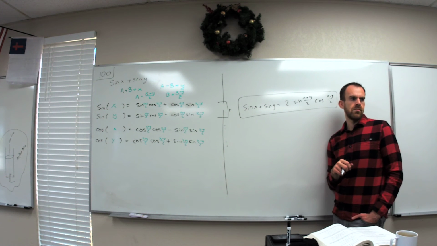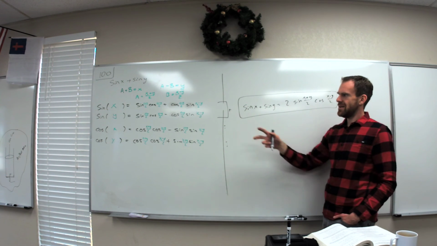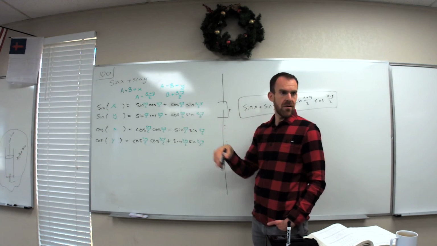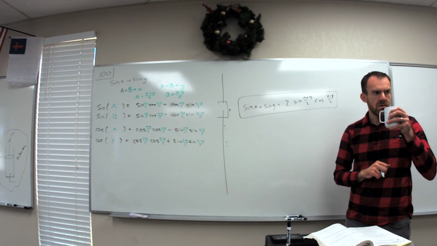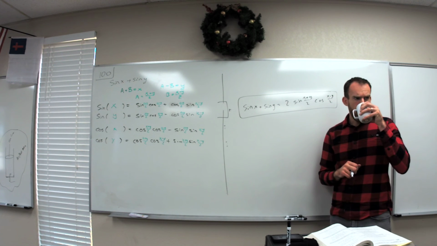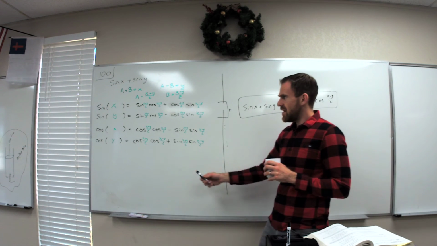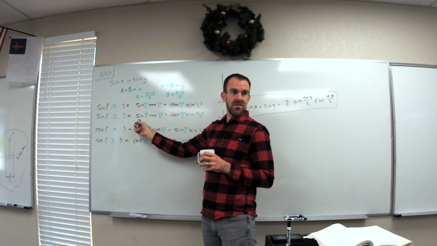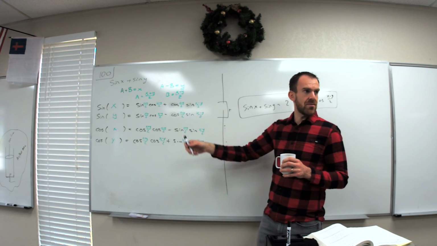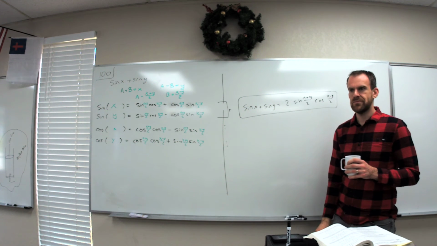I think you skipped a step. I added these two, so these two cancel out. Sine of x plus sine of y equals this plus this, which is 2 of those. These two cancel. Okay.